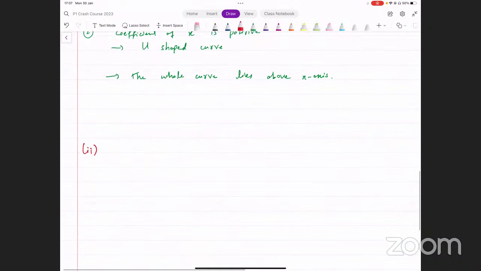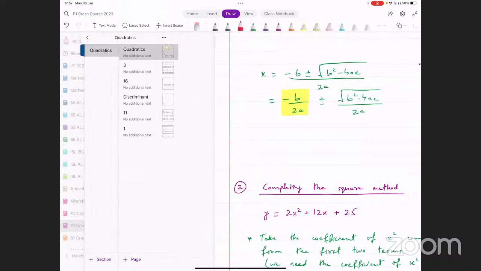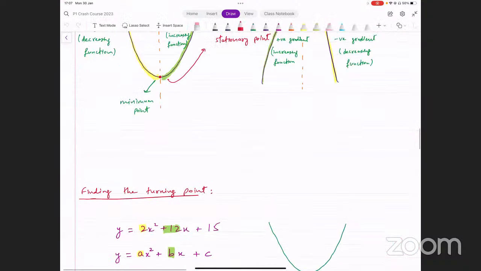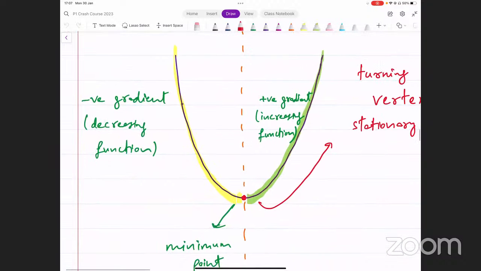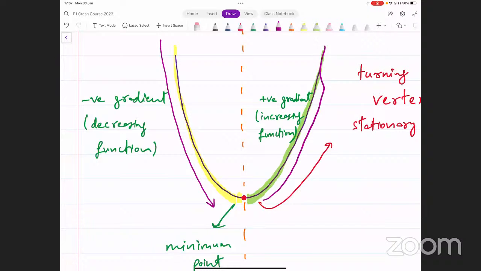Remember, we talked about decreasing functions when we talked about the graphs of quadratic functions initially. If you have a graph like this, and from left to right it's going downwards, it means it's a decreasing function. And if from left to right it's going upward like this, this is an increasing function.